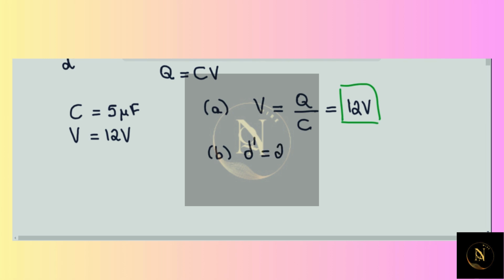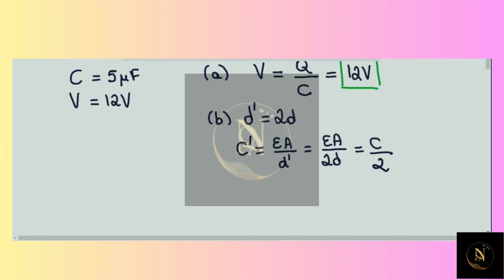So D prime is equal to 2 times D, and everything else is kept the same. Notice that the capacitance is equal to epsilon times the area divided by D prime. So this is epsilon times the area divided by 2D. So this is the capacitance divided by 2. So C prime is C divided by 2.